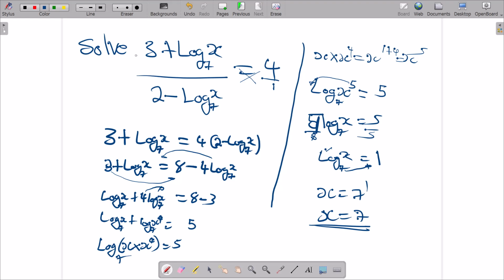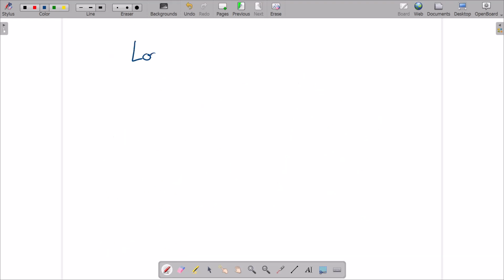Let us do another example where log bracket 8x plus 4 base 10 is equal to log bracket 7x plus 8 base 10. Let us take a look into this question.